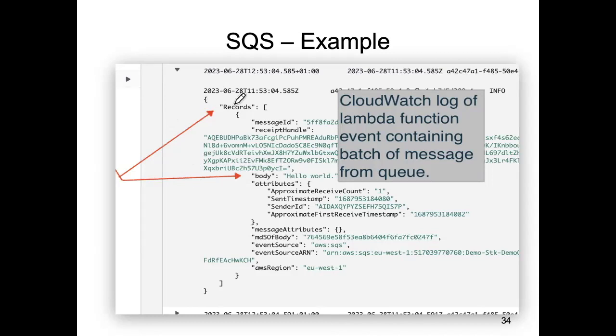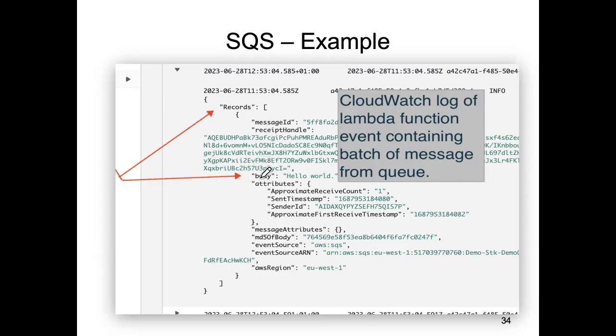The main property is this Records property, which is an array, as we can see, and each object in this array is one message from the queue. The message has lots of properties. Interestingly, each message has an ID, a unique identifier, and so on. If we dig down into it, inside the message there's a body property, and the body property has the actual message itself. All the other properties are added to a message by the SQS service itself.